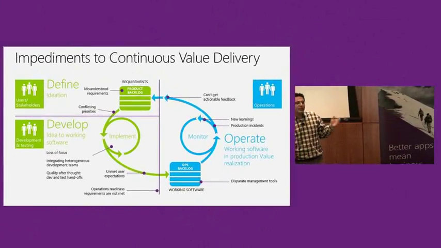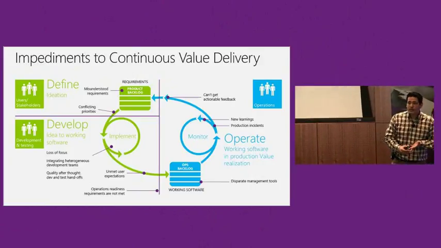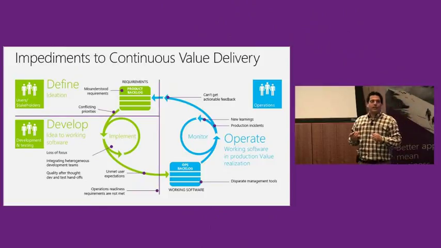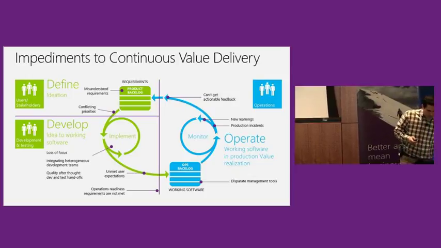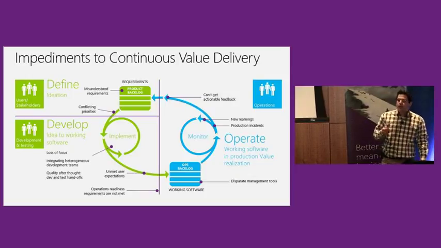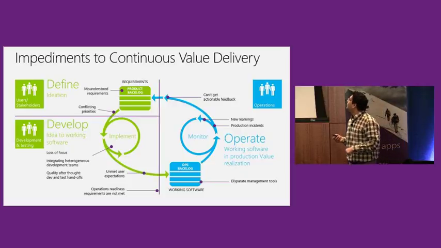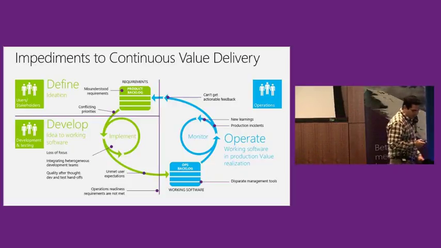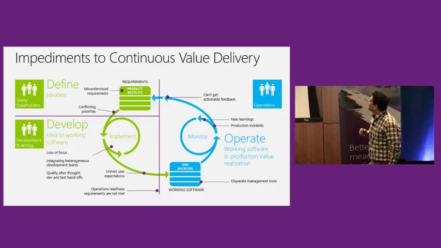No, we're not done, because there could be bugs, more features. We're in a process here, and we need to rethink our next stage all the time. So we're now going to talk about the impediments in continuous value delivery. And the first thing I'd like to talk about is misunderstood requirements here.